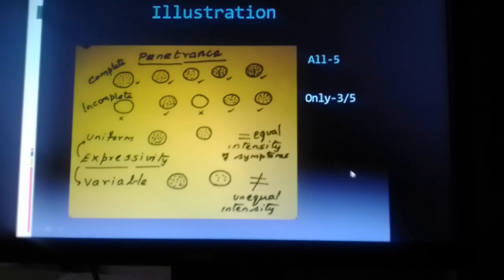And in another, even though it possesses the same genotype, the expression of the genotype seems to be very less. Only a less number of symptoms are expressed. So in other words the intensity of expression is less, or degree of expression is less in this case. So this type of expression is said to be variable.